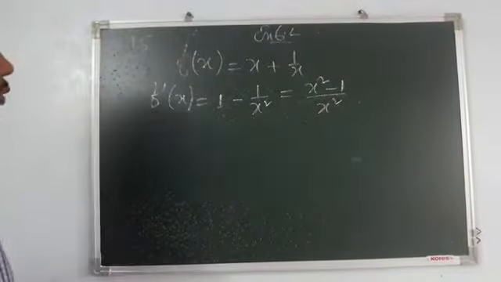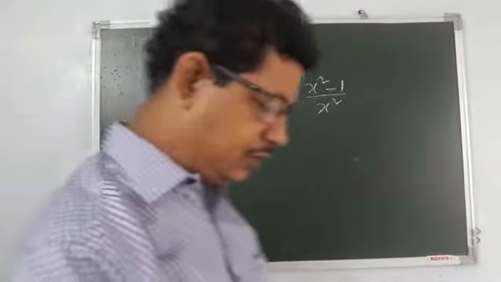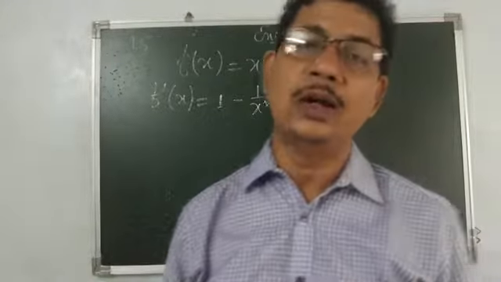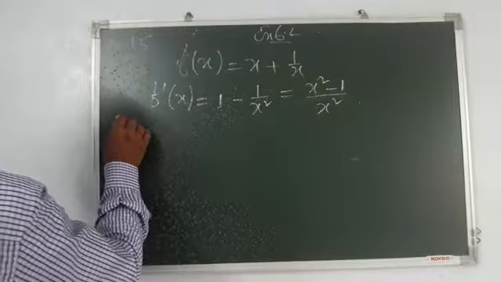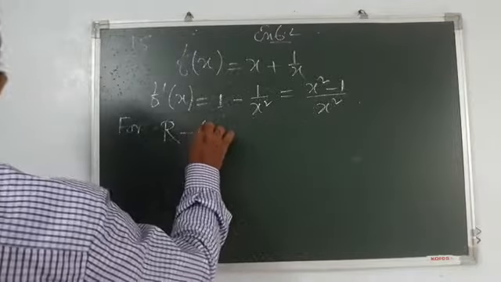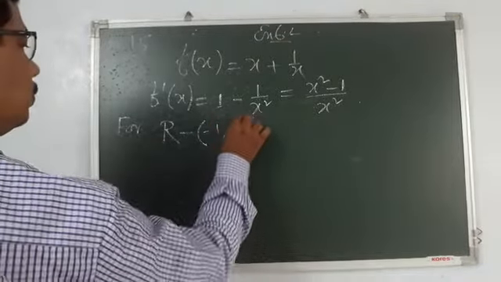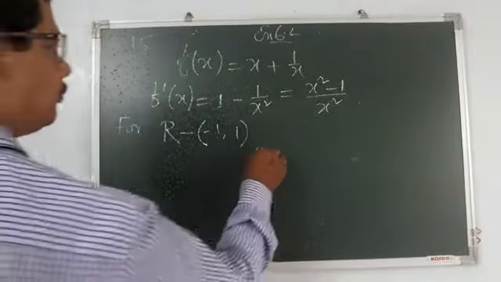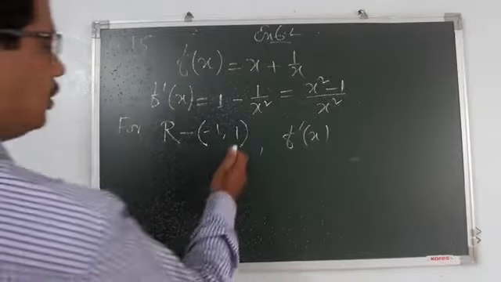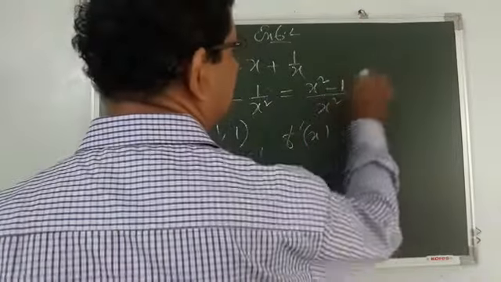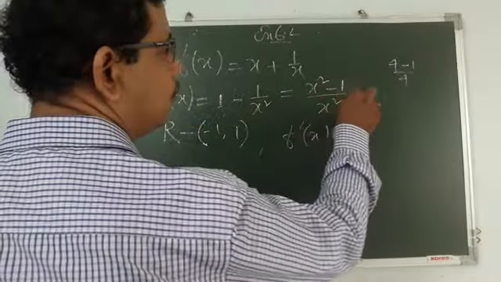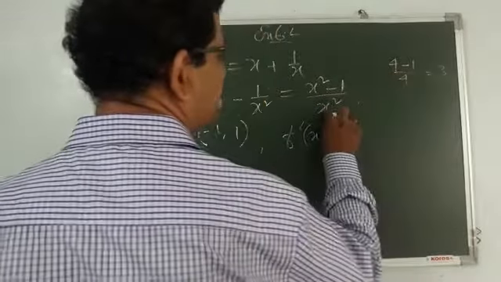Now you see, is it positive or negative for any value other than -1 to 1? So for real numbers other than the open interval -1 to 1, f dash x: other than -1 to 1 means, if it is less than -1, suppose -2, if you put here, then it is (4 minus 1)/4. 2 square gives 4, 4 minus 1 is 3, so 3/4.